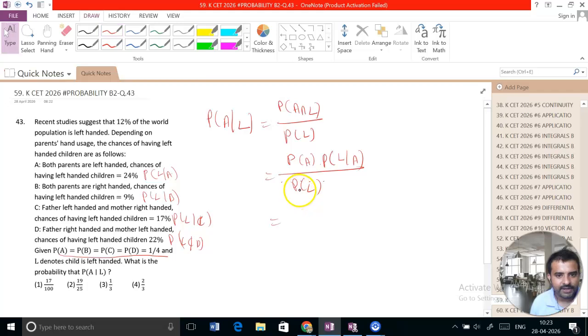So what is the probability of A here? They given 1 by 4, into probability of L given A, which is 24%, that is 24 by 100.